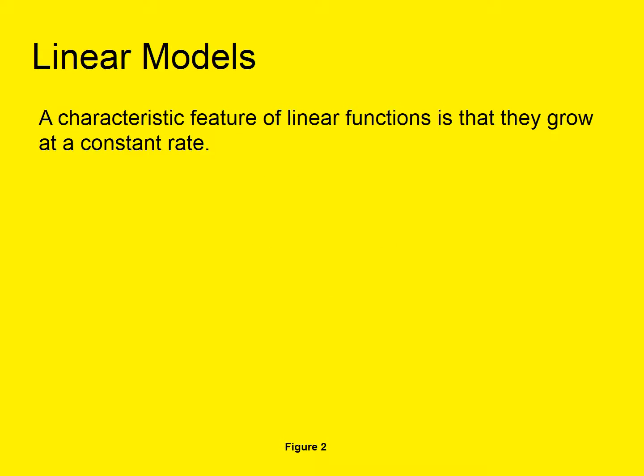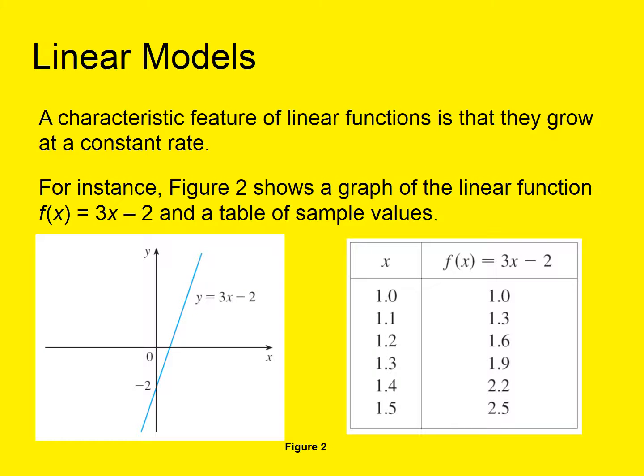A characteristic feature of linear functions is that they grow at a constant rate. What does that mean? Here is f of x equals 3x minus 2. You understand why the graph would look this way. The y-coordinate of the y-intercept is negative 2. And it's rise 3, run 1, rise 3, run 1, because the slope is 3, which is 3 over 1.